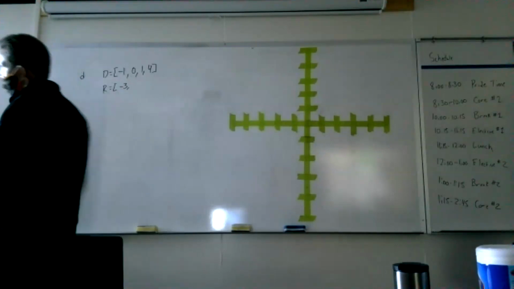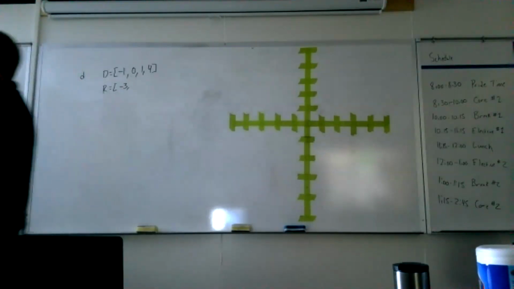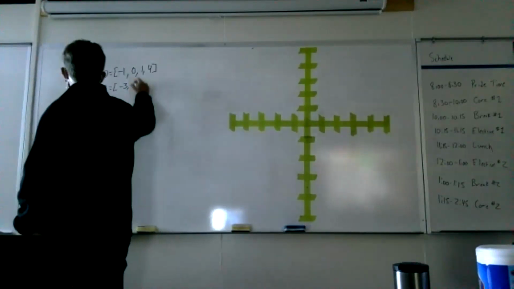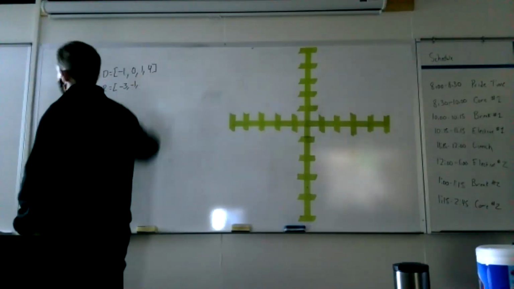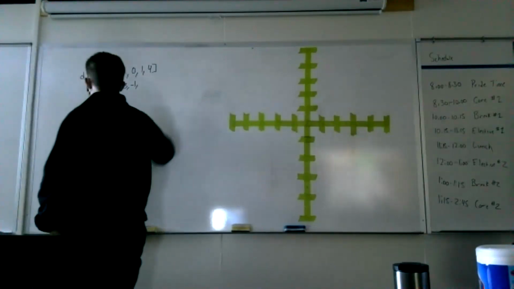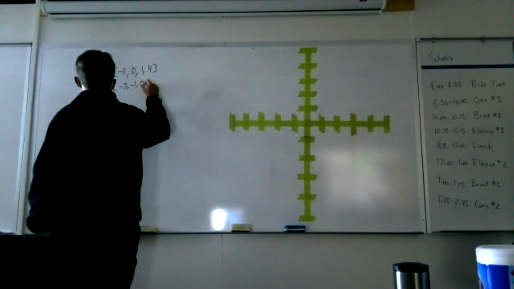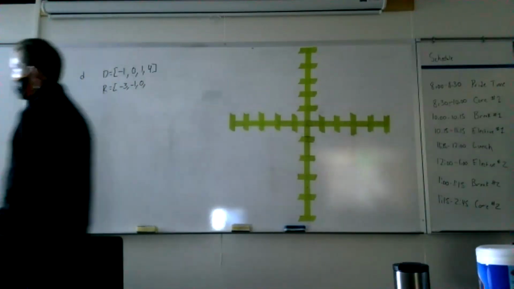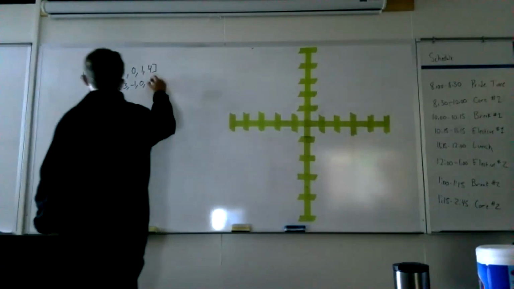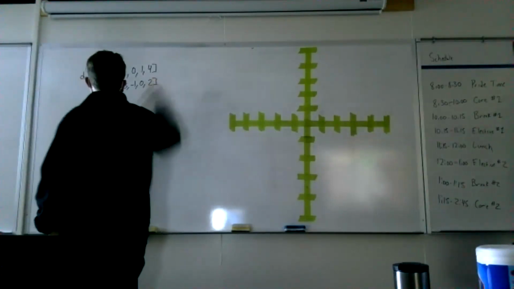So that's a -3. Working up, I have another point that is 1 beneath the origin or the x-axis. So that's a -1. Working up again, I have 1 point that is on the x-axis. So that gives me a 0. And then the last point is 2 units above the x-axis. So that is a 2.